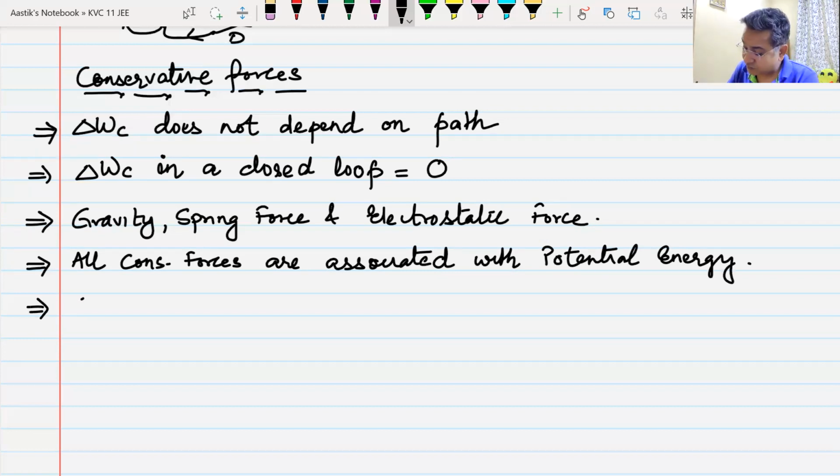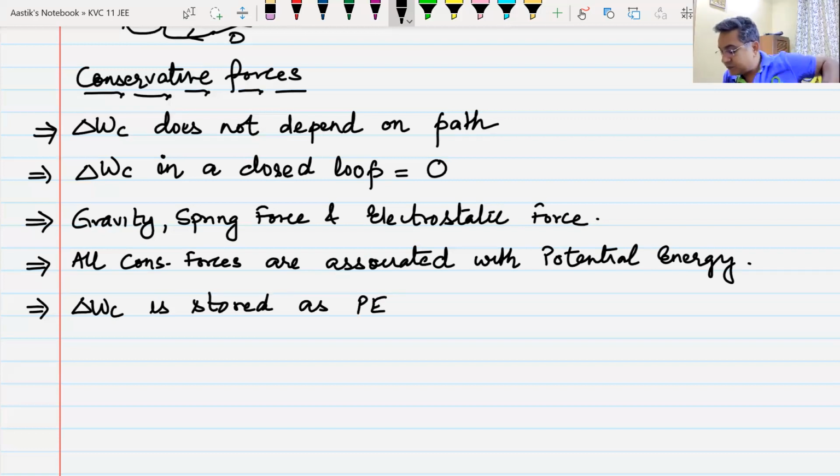Work done by the conservative force is stored as potential energy. So when a conservative force does any work, it is stored, it is not lost. You can get it back. Examples: gravity, spring force, electrostatic force.